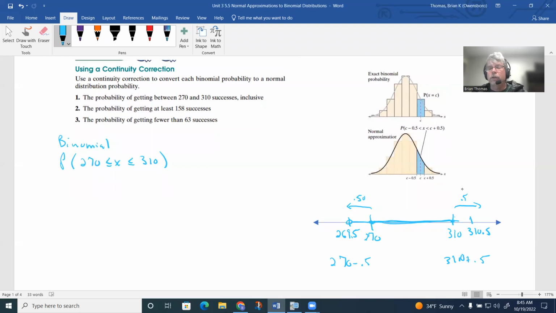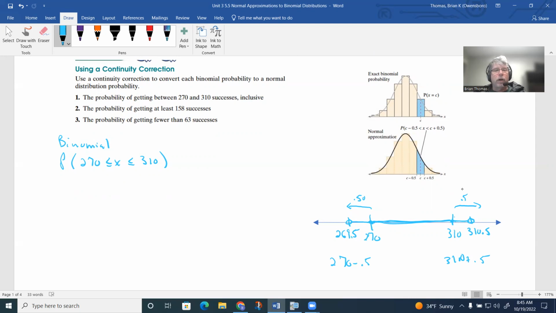So what happens is we now have this interval here that we're going to use. This is going to be the normal distribution. And again, I'm not going to include the curve. So since it said include the 270 and the 310, they have to be part of the interval. So I have to move to the outsides of those two numbers.